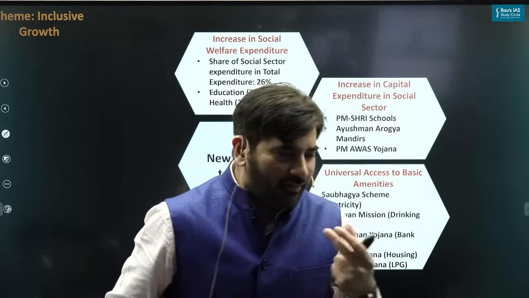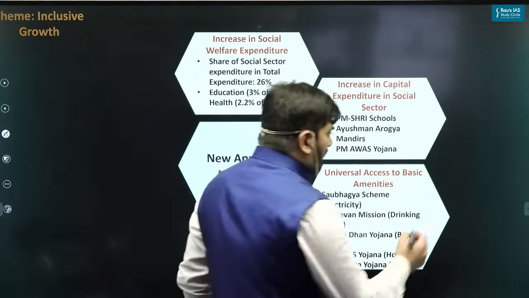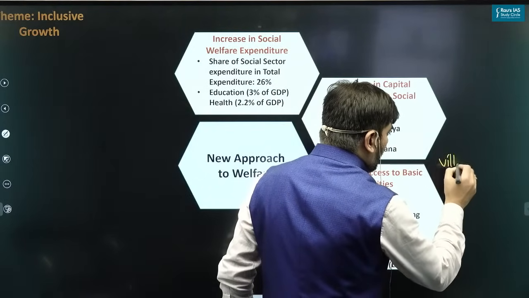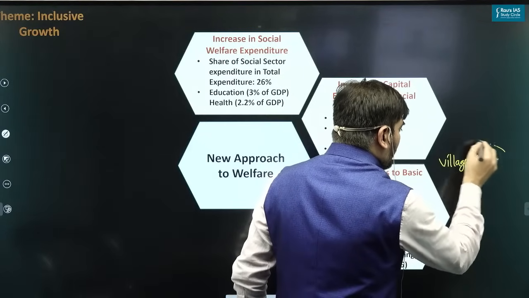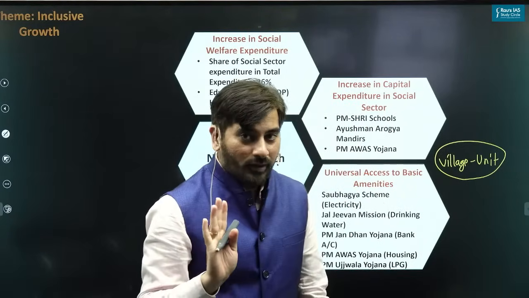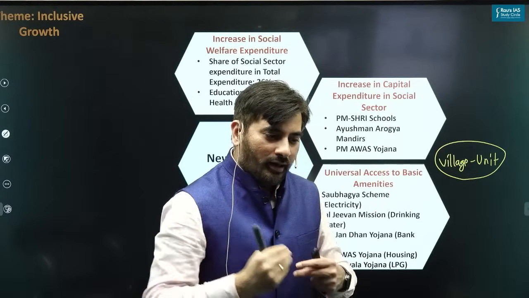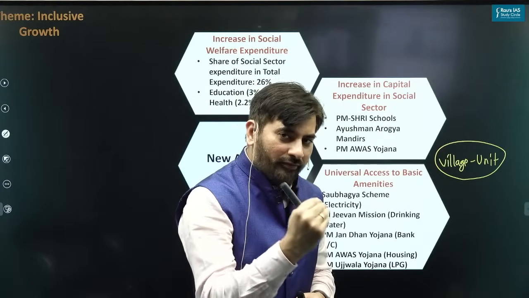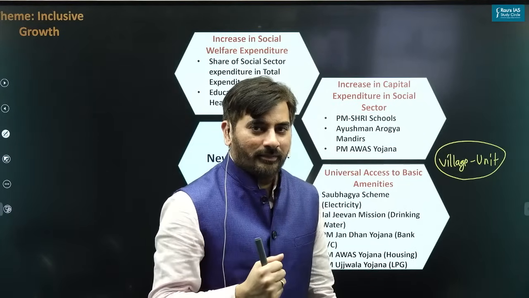Earlier, when the government was implementing welfare schemes and programs, government used to focus on entire village, where entire village was considered as one single unit. So our idea of welfare was that we should ensure that every village in India should have access to basic services.